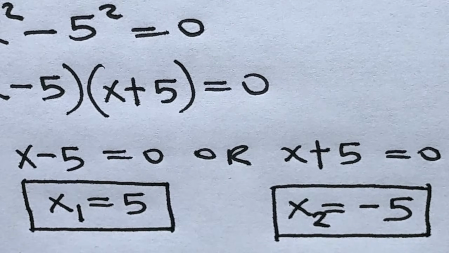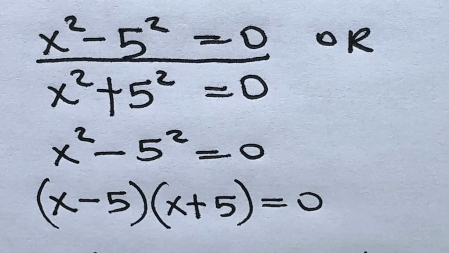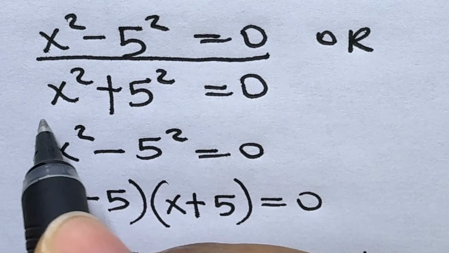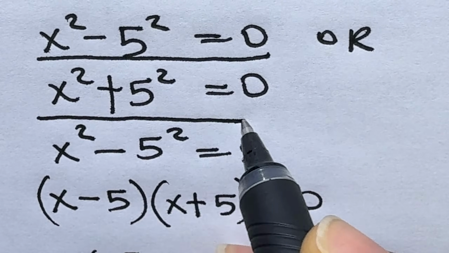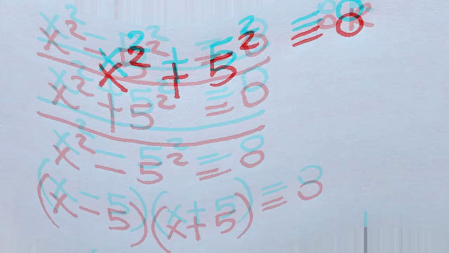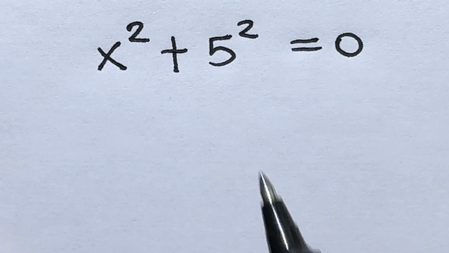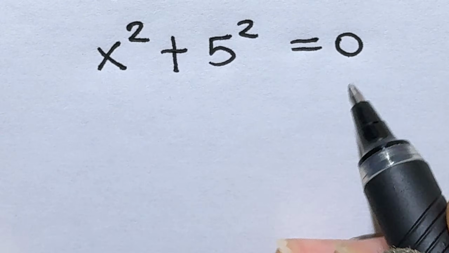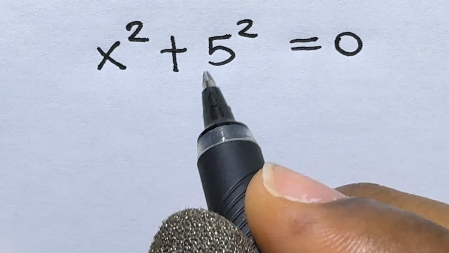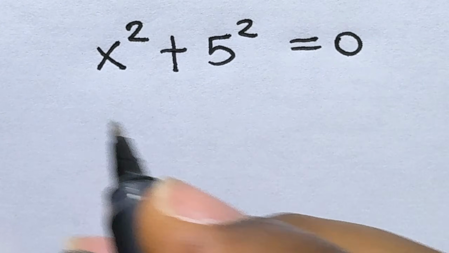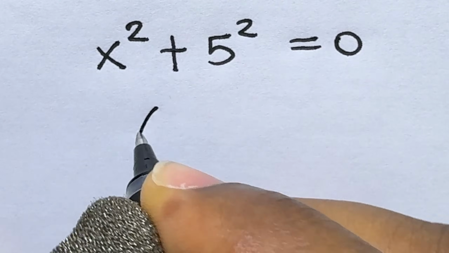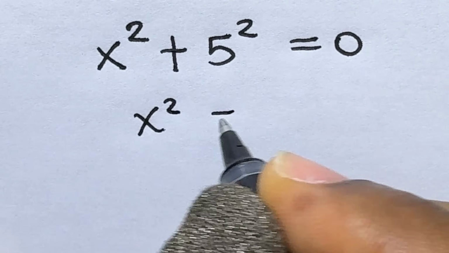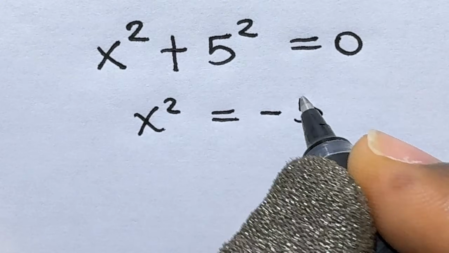Now let's go back to the second situation, which was x squared plus 5 squared is equal to 0. For this second case, x squared plus 5 squared is 0. I'm going to subtract 5 squared from both sides. This will then give us x squared is equal to negative 5 squared.